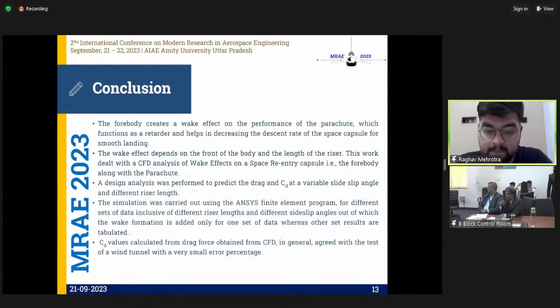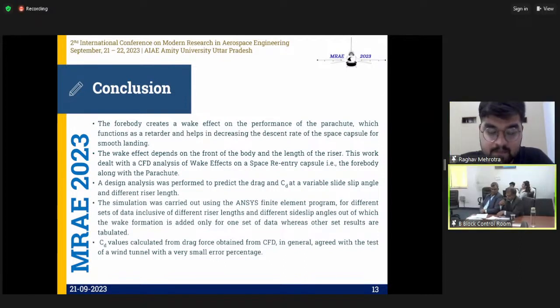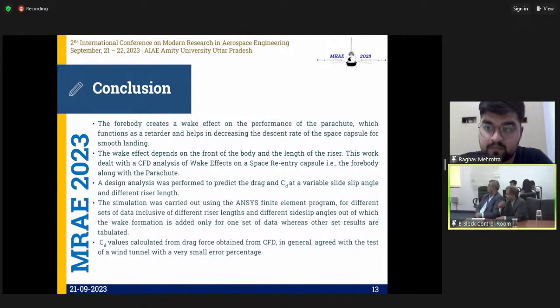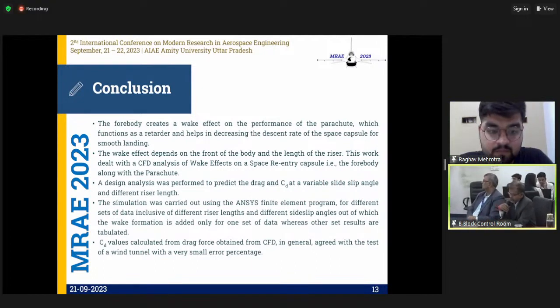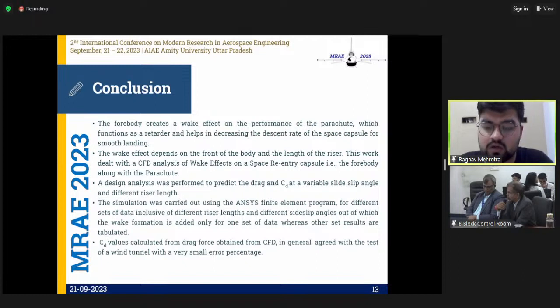I have a few questions, and I'm particularly interested if you're planning to do the CFD or wind tunnel analysis considering the relative motion of the body, meaning the riser length and the suspension lines. In between these two lines, if there is an angle. Your voice is not clear.